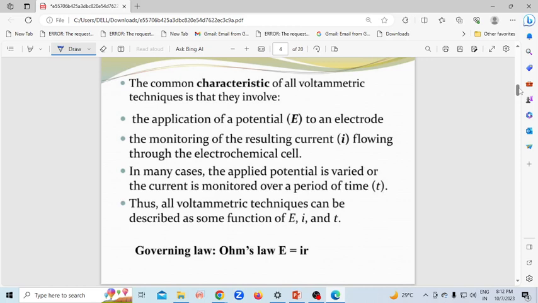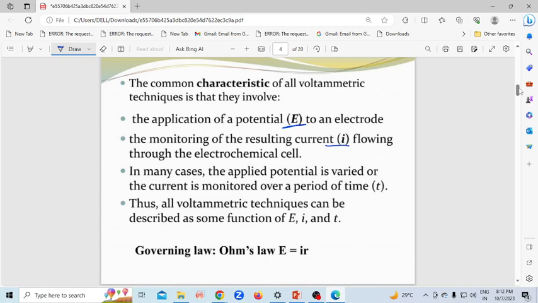The common characteristic of all voltammetric techniques is that they involve the application of potential to an electrode. On the basis of the potential applied, we see how much current is flowing in the electrochemical cell.